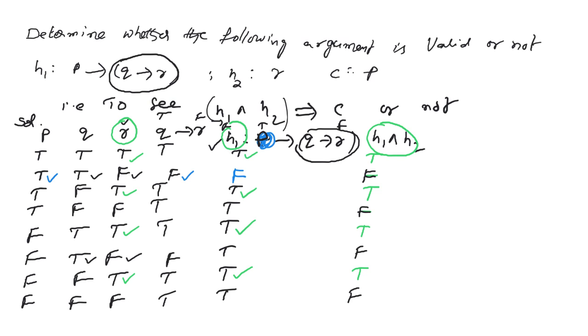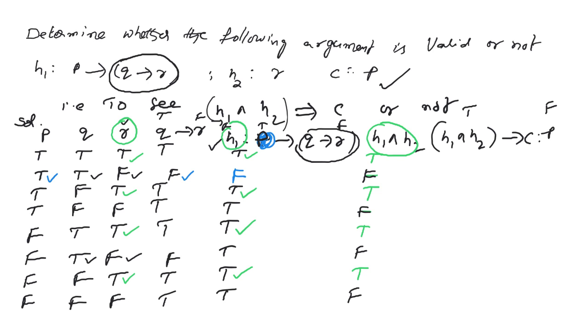Now what I need is H1 and H2 conditional C. Our C is nothing but P. When H1 and H2 is true and P is false, only then this will be false, otherwise this will be true. But these two columns appear in the reverse order, so I'm looking for FT combinations in these columns.